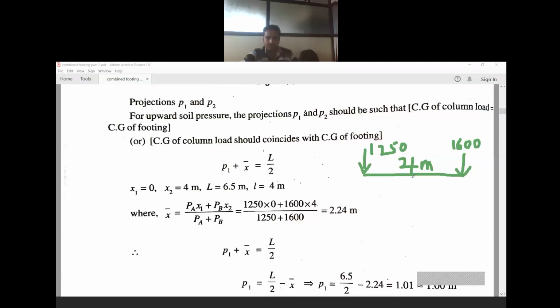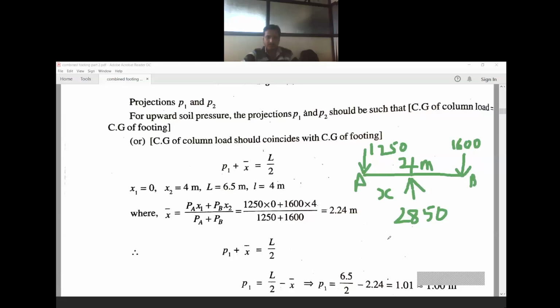The resultant will be 1250 plus 1600, 2850.